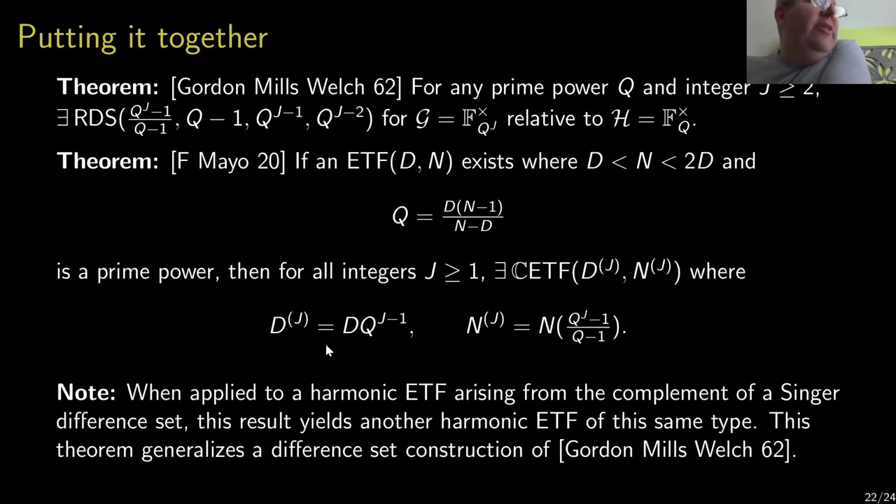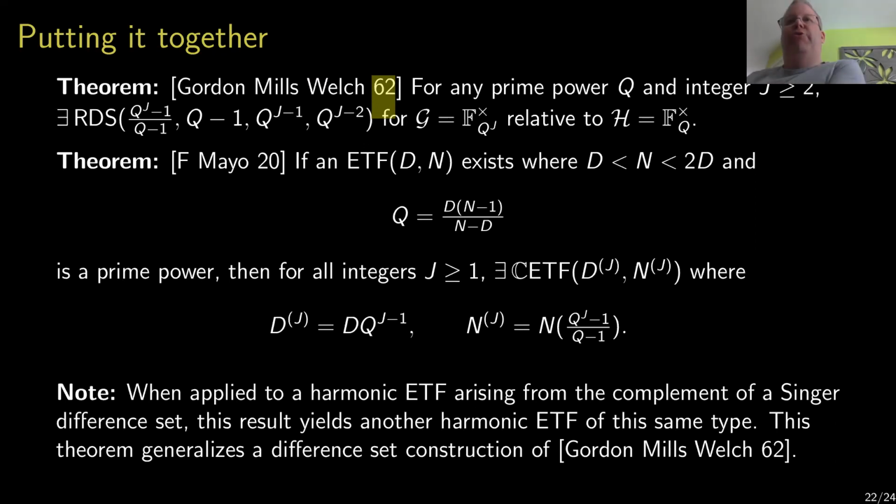Because we can take this classical construction of relative difference sets. This goes all the way back to Gordon, Mills, and Welch. And yes, this is the same Welch as in the Welch bound, but this is from a decade before he did the Welch bound. What they did was they took something called the Singer difference set, and they factored it in terms of this other object that was a relative difference set. And so there's this infinite family of them that exists for any prime power q and integer j greater than or equal to 2.